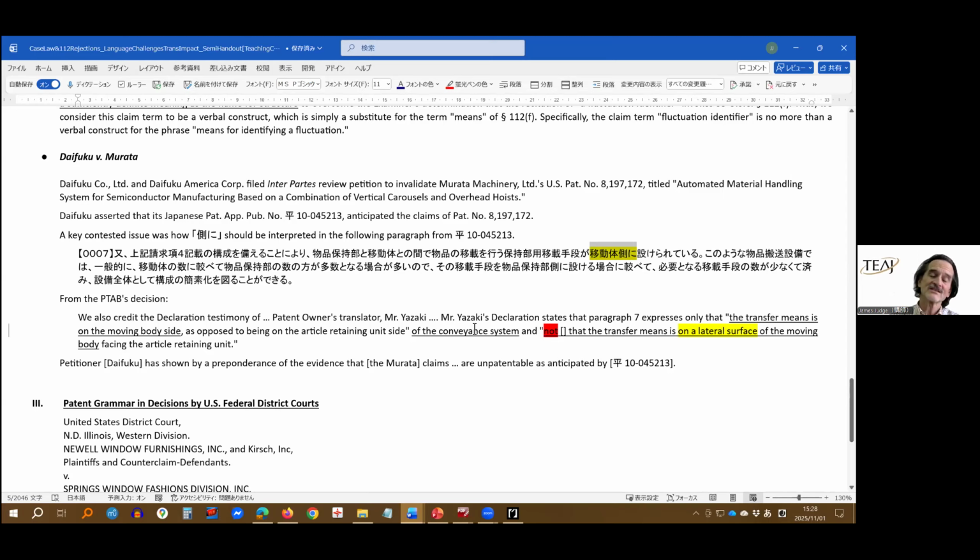So Murata's US attorneys were trying to say that, in the Daifuku device, the transfer means is limited to being disposed physically on the side of the idō tai. So the idō shudan is disposed on the idō tai. That's what Murata's attorneys were trying to say.